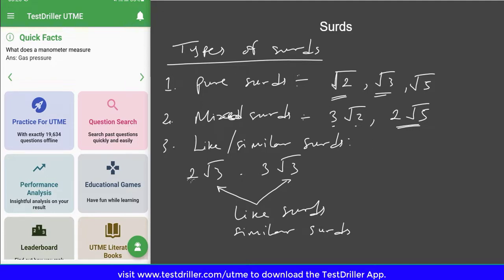They may not have the same integer multiplied in front of them, but they have the same pure surd. Note that when you say something like 2 root 3, it's the same thing as 2 times root 3. So take note.